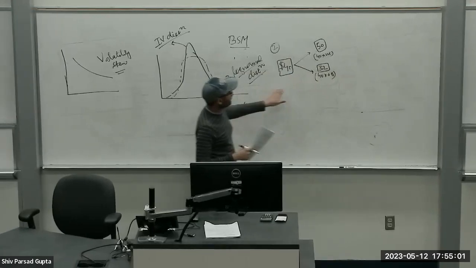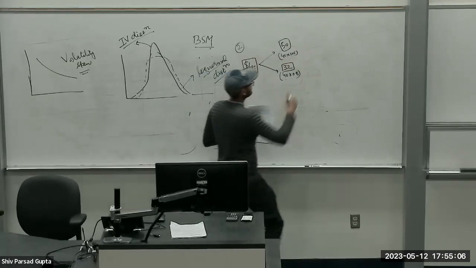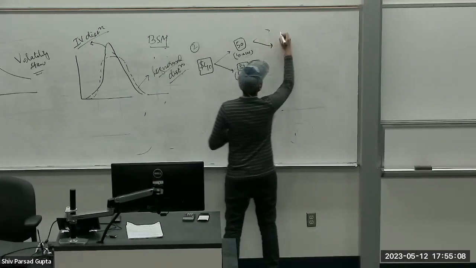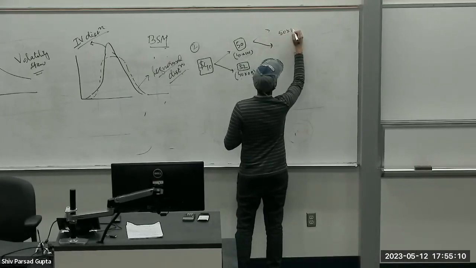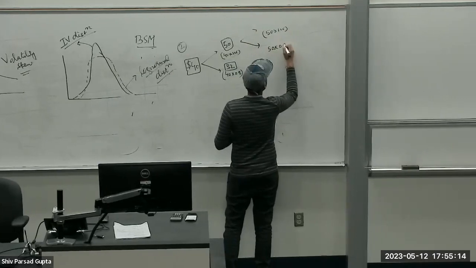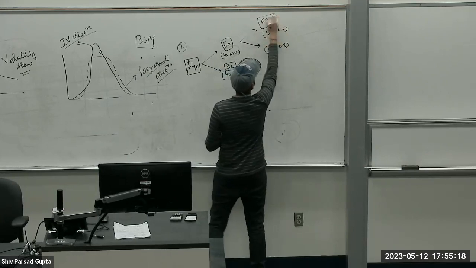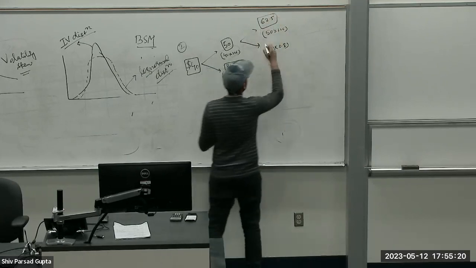Now after 3 months, it can either increase, 50 into 1.25, or decrease, 50 into 0.8. It will be 62.5 or it can be 40.